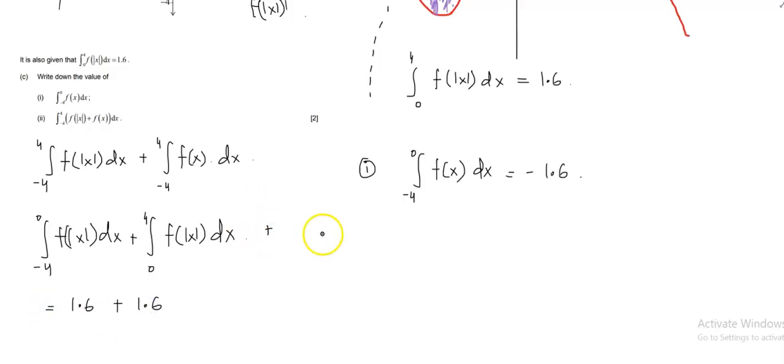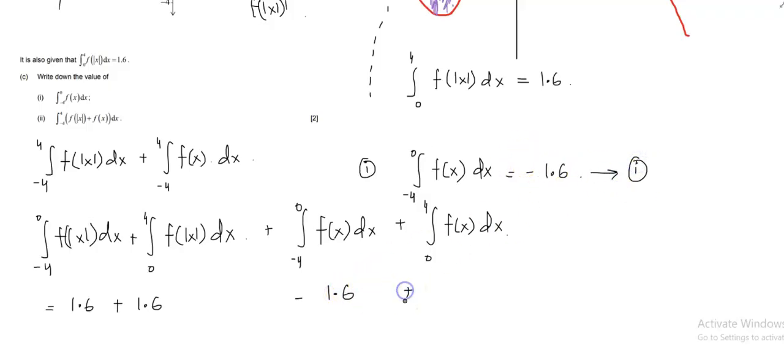Whereas if I talk about this one, I found out earlier that if I go from minus 4 to 0 of f of x dx, and similarly from 0 until 4 of f of x dx, this half is given as a negative 1.6, which I found in part 1, and this half is given as a positive 1.6, right?